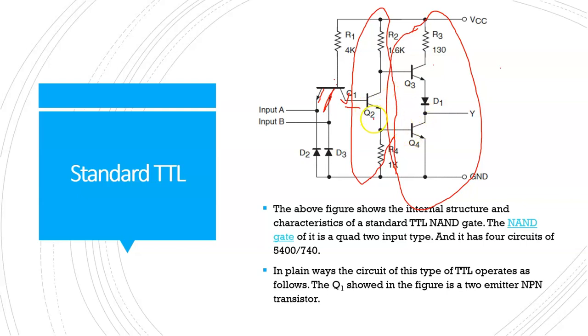Because there's sufficient current, it flows to transistor Q2, and Q2 is on, and simultaneously there would be sufficient current flowing to the base of this transistor Q4, and this Q4 is on. This circuit behaves as a TTL NAND gate.